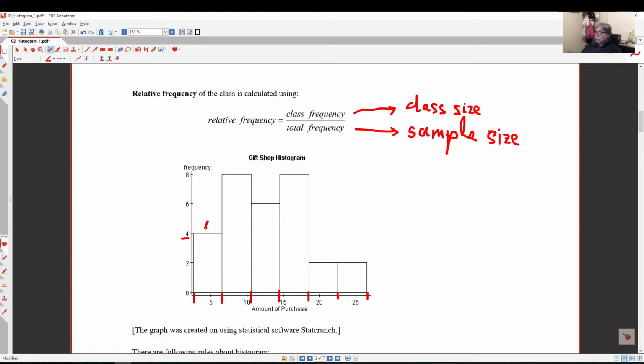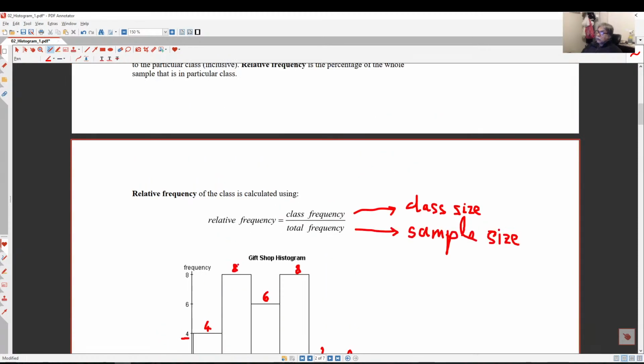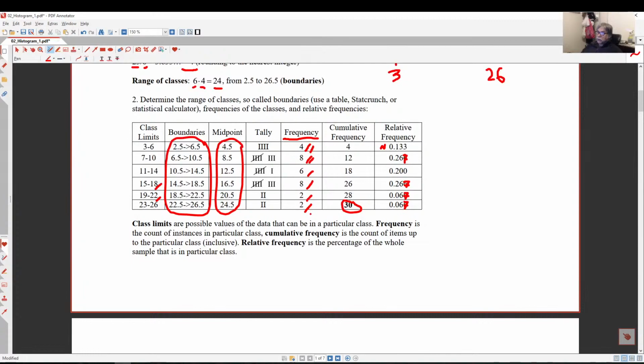You might even want to write it on the top of the bar if it's not visible from the y-axis. The next one, 8. The next one, 6. The next one, 8. And the last two are 2 each. Again, those are the frequencies of the classes, and they are just simply taken from the table.